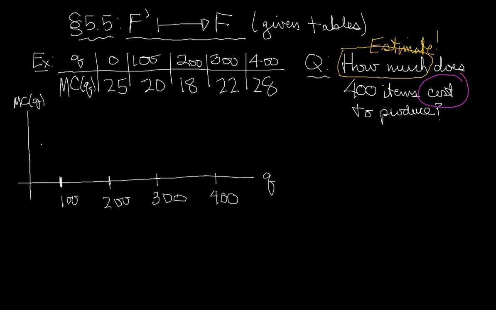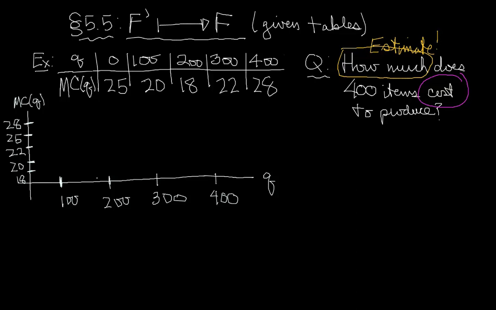So we have 25, we have 28 slightly above that, we have 22 slightly below 25. It's a little bit out of scale, but you get the idea. There's 18 down here. Let me draw 20 first, and then 18 down here.